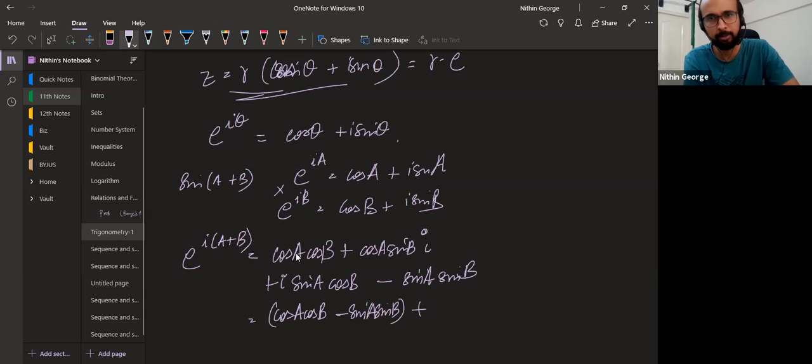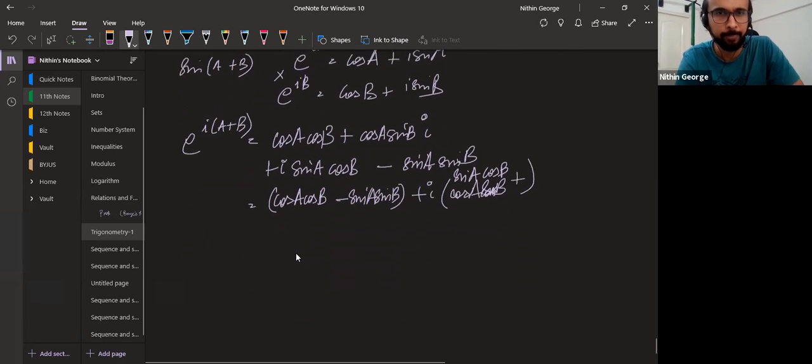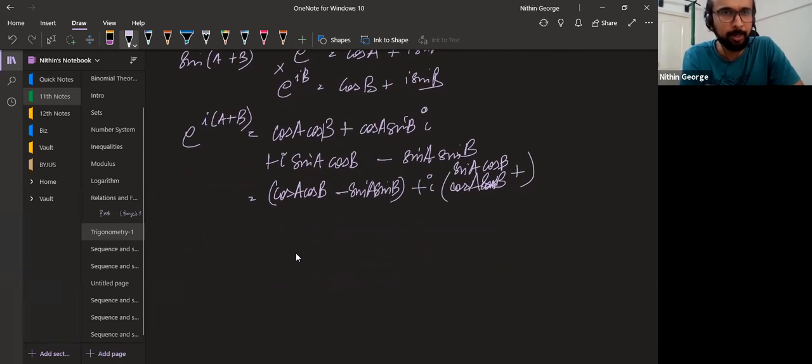The imaginary part is i into (cos a sin b plus sin a cos b). Now remember, e power i theta is cos theta plus i sin theta, where theta here is a plus b.